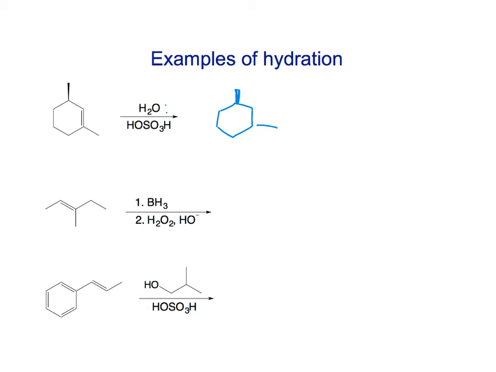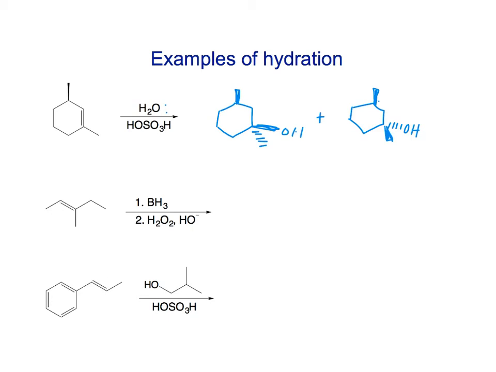If it comes in from the top, we'll end up with an OH here and the methyl group going back. This one stays the same. If it comes in from the back, the methyl group will be coming forward.